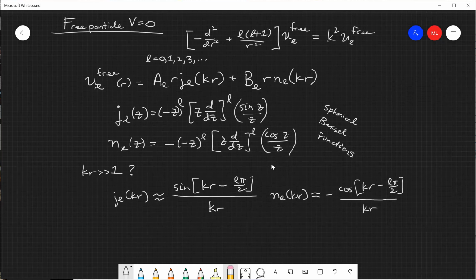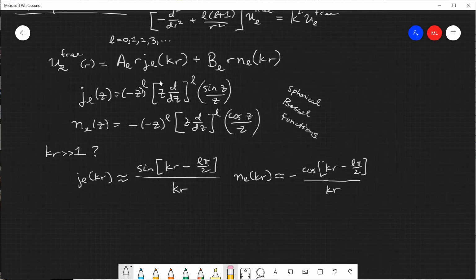So what does it mean? It means that far enough away, these guys are just sums of sines and cosines, right? You have a bunch of sines and a bunch of cosines. There's a 1 over kr in both of them, so one of the r's cancel. So you get a constant times a sine plus another constant times a cosine.